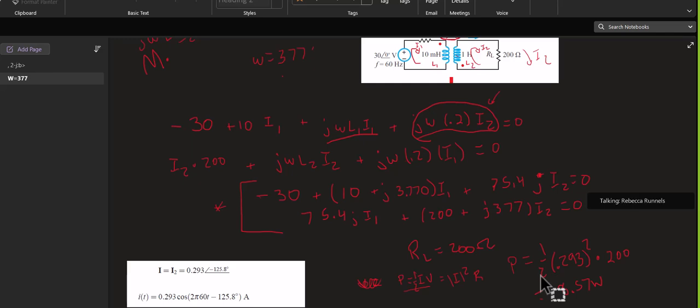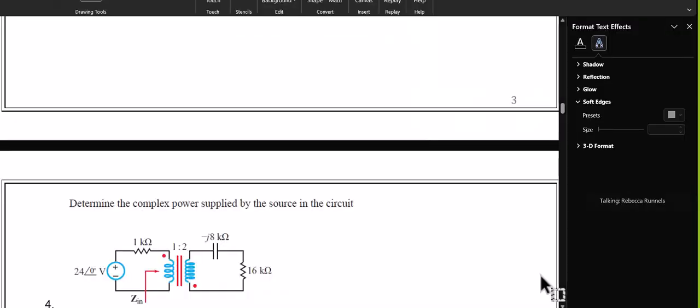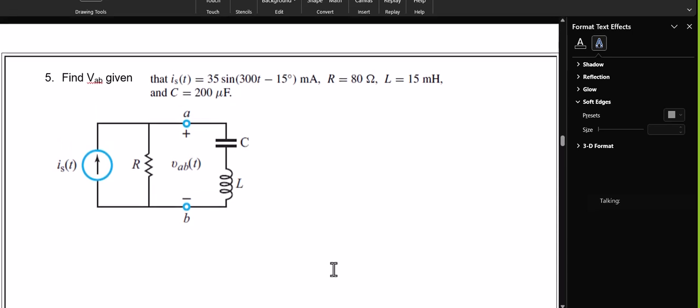All right. So moving along, let's go on to this, which is straight up chapter 7.